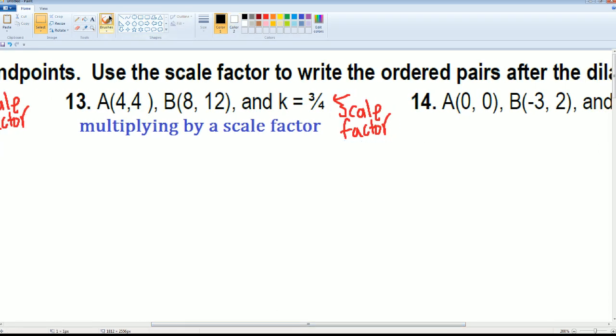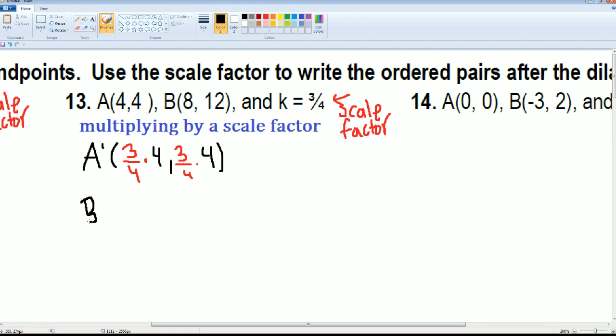So let's write the points. A prime is going to be when the scale factor, which is 3 over 4, multiplies into 4. Okay. And when the 3/4 multiplies to the second 4.